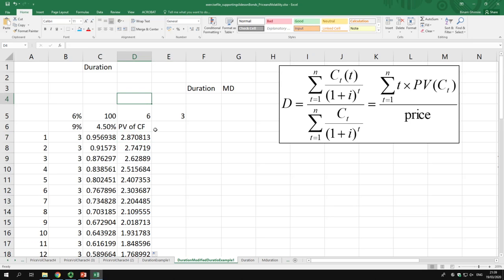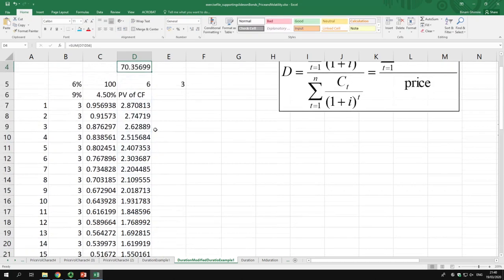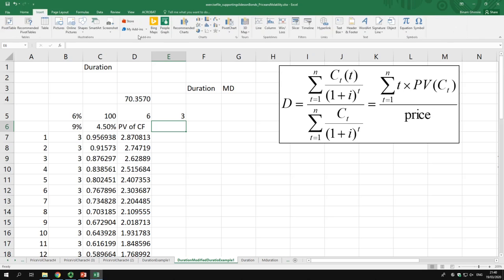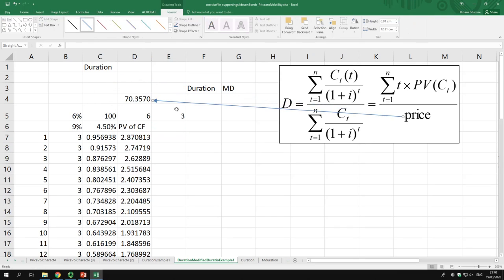So we get 70.35699, which is what we saw earlier in the question, didn't we? So that's correct. Now we found the price of the bond, which is 70.3570.